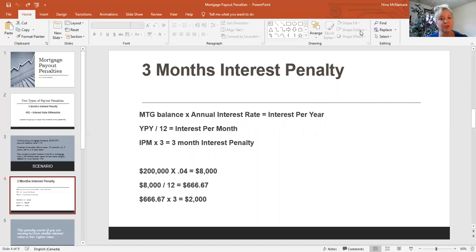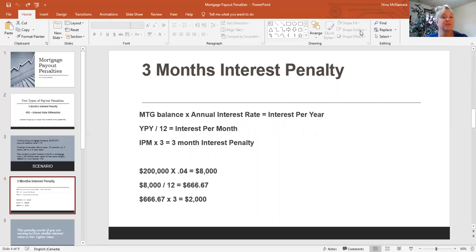That comes out to our interest per month, which in this case is $666.67. Now we're going to take that $666.67 and multiply it by 3 months. So that makes it a $2,000 payout penalty.